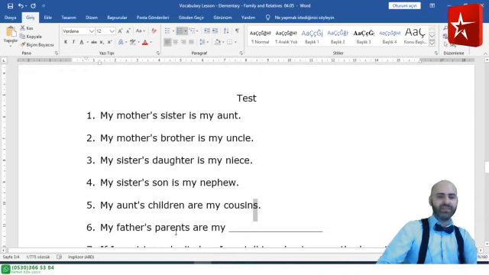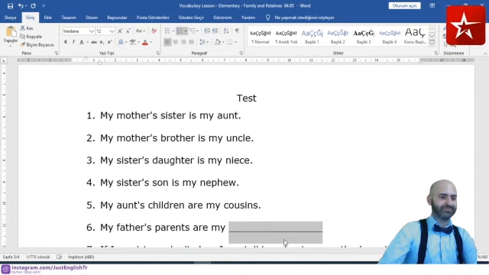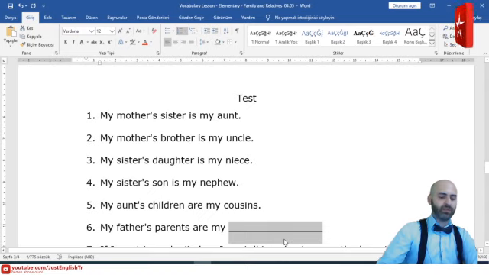My father's parents are my... Who are father's parents? What do we call father's parents? Alper already has the correct answer. Good job, Alper.